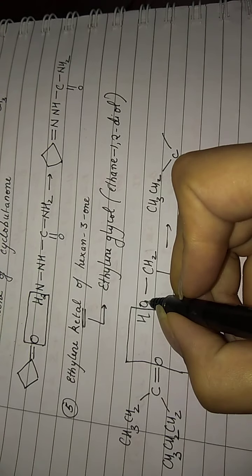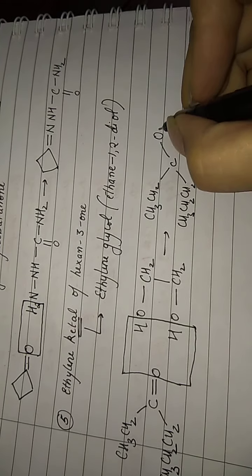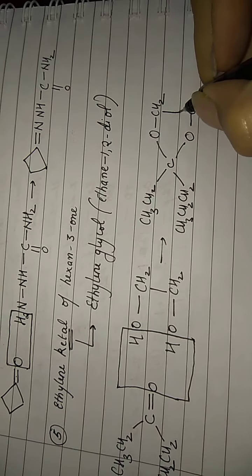One bond goes with this O, so you get O, CH2, and one bond of carbon goes with this O, so you get OCH2. And as you can see over here, you have a bond between these two carbon atoms also, so I draw it like this. So you get a kind of ring over here.